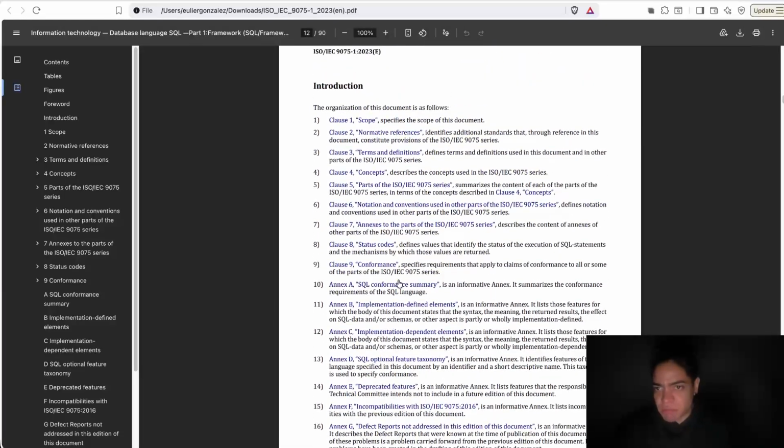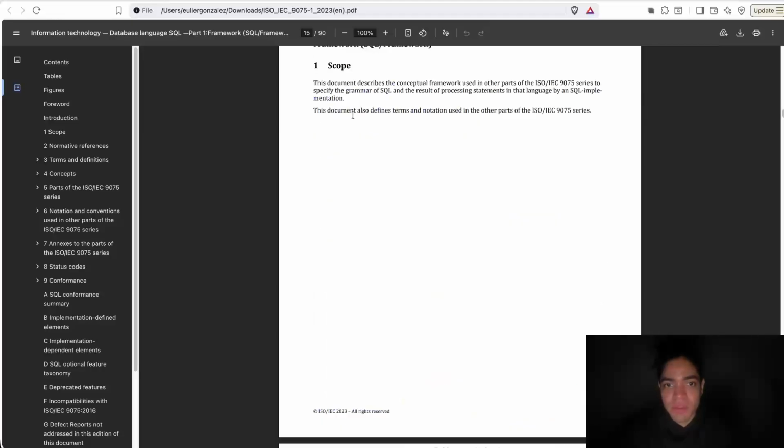So again, I don't intend to memorize all of this. It's just to understand the foreword, as well as the introduction of this document, right? And it makes a ton of sense. So scope, normative references, okay. What about the scope?